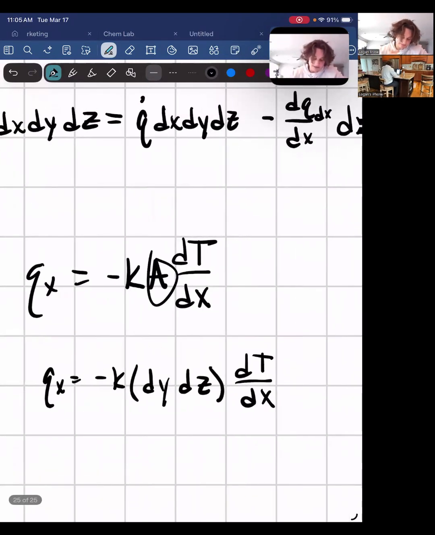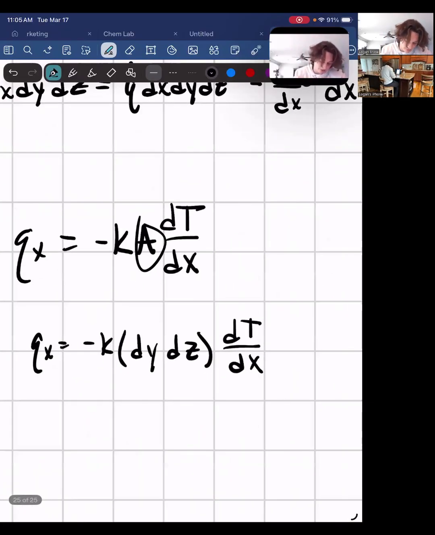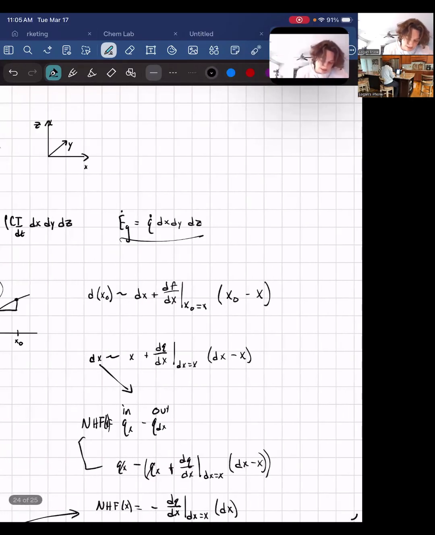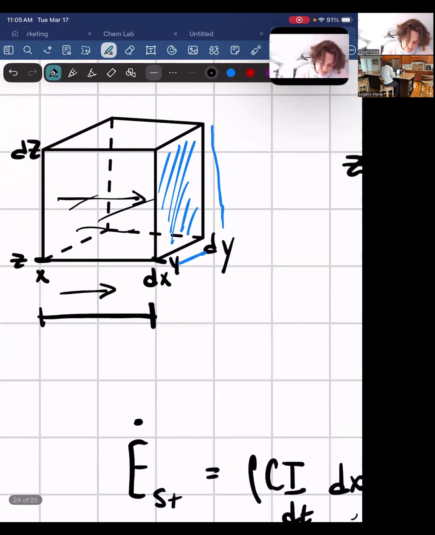And from this, we can do the same thing for the other equations. So we know that Qy is going to be this face, and then dz will be this face.